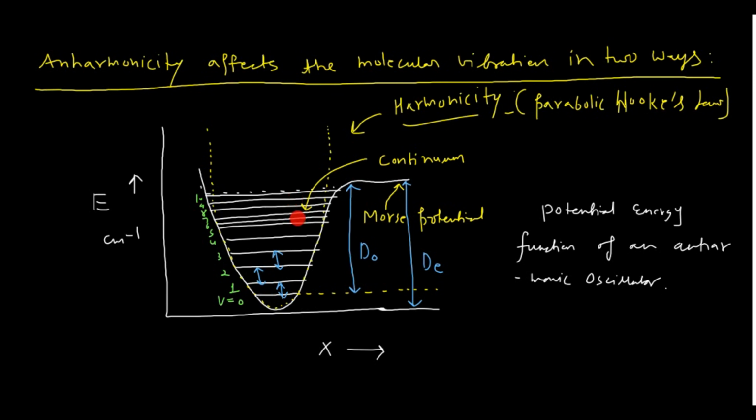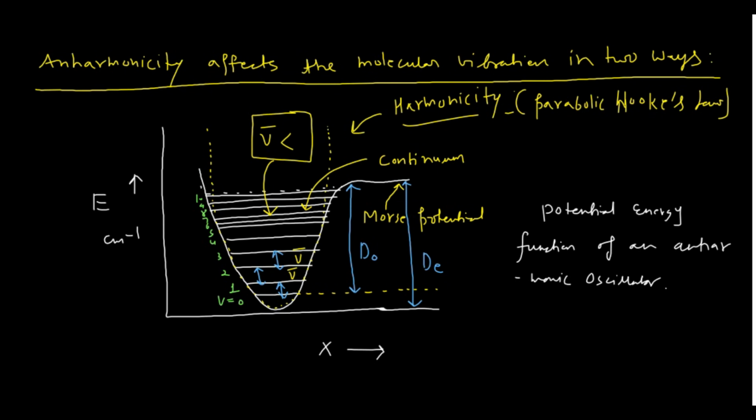That means the energy gap is slightly lower than h nu or the nu bar. Here the energy gap is nu bar, and in that case also nu bar. But here, this energy gap would be less than your nu bar. This is very important to understand. This is not h equals h nu.